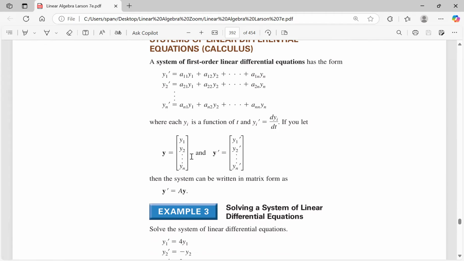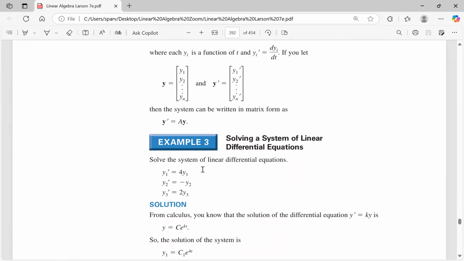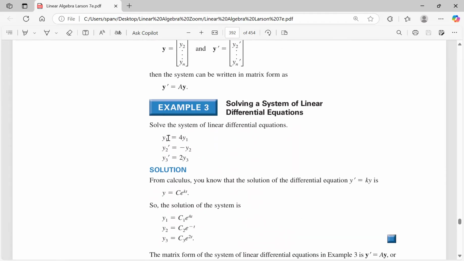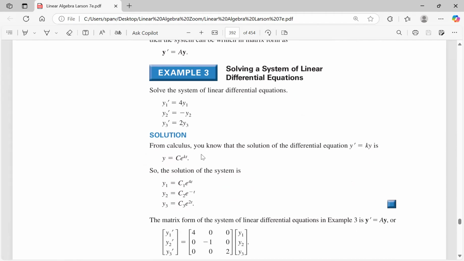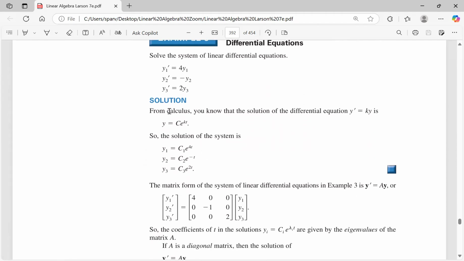Now, here's an example, for instance, y1 prime equals 4y1, y2 prime equals negative y2, y3 prime equals 2y3. It says solve the system of differential equations. It says from calculus, you know the solution is given by that.